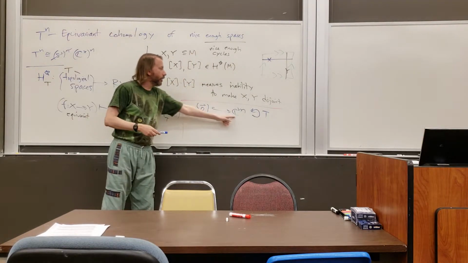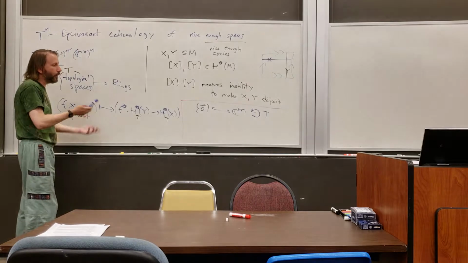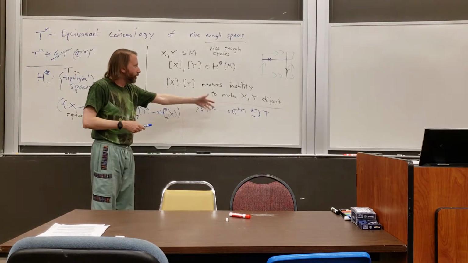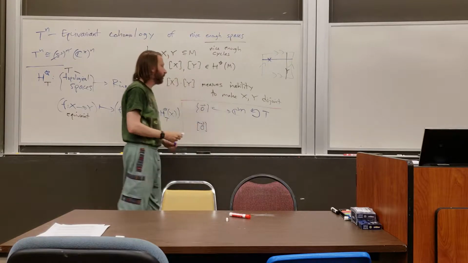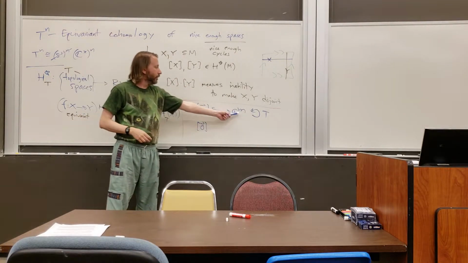And this is a nice torus equivariant map, so I should be getting the origin defining some element of the equivariant cohomology of C^m.